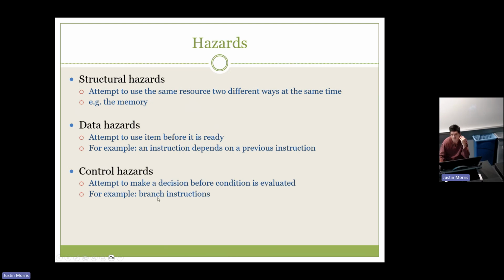The example here is branching. If I have a branch instruction, I don't resolve until the mem stage, currently. So how do I know what instructions should have been done beforehand?